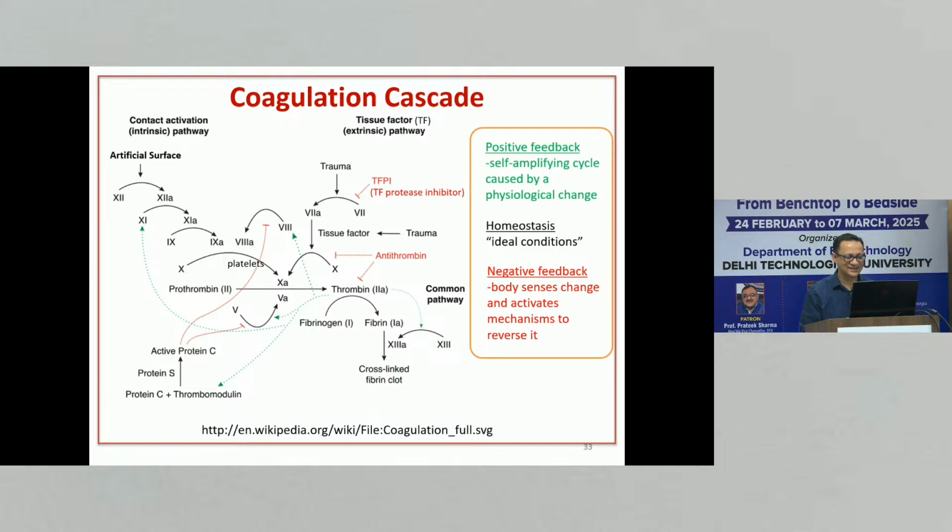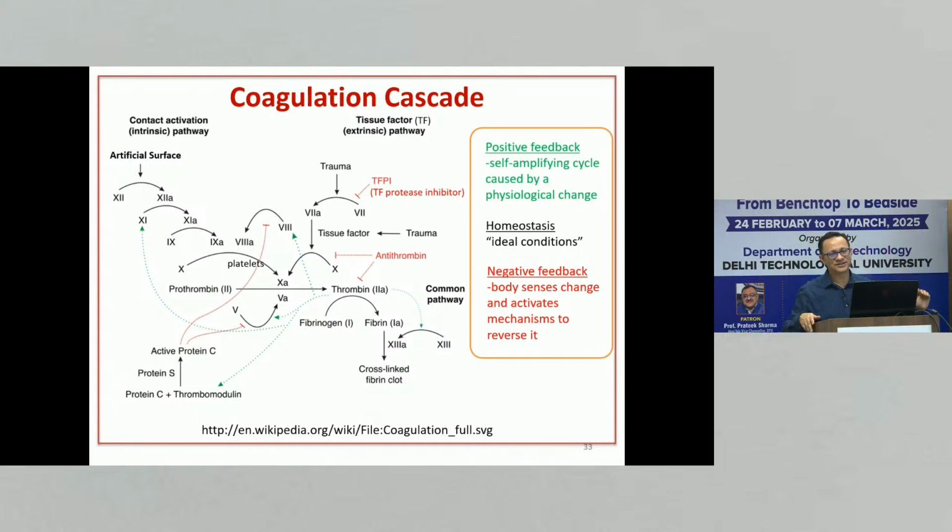So it's a little bit confusing, but a lot of things are actually happening. So when prothrombin is making thrombin, thrombin is activating, if you see this arrow, factor 5 also, which is helping to convert more prothrombin to thrombin. This is also activating factor 8, which is also helping convert more factor 10 to activated 10, which is helping prothrombin to get converted to thrombin.